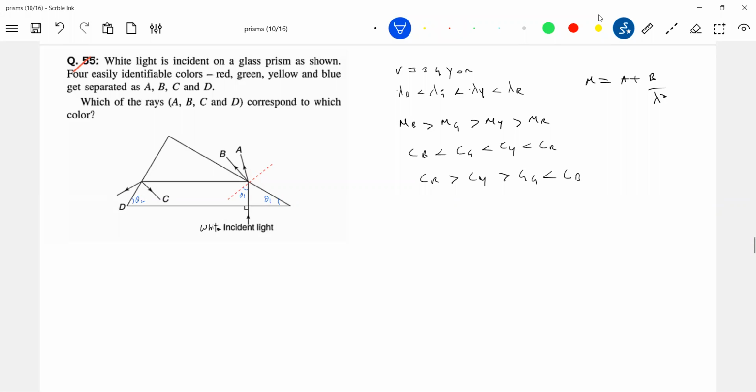Please do think that I don't have much mathematics here. If the green and blue undergo TIR, what happens to red and yellow? They need not undergo TIR. If red and yellow underwent TIR, then green and blue must undergo TIR. So these are green and blue.